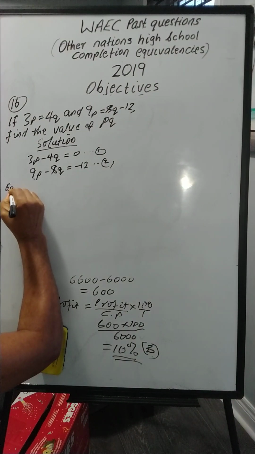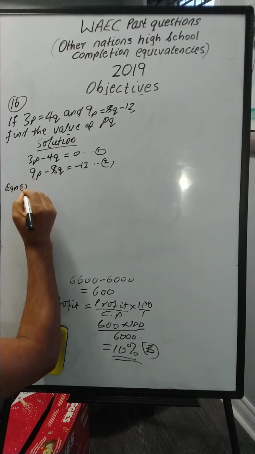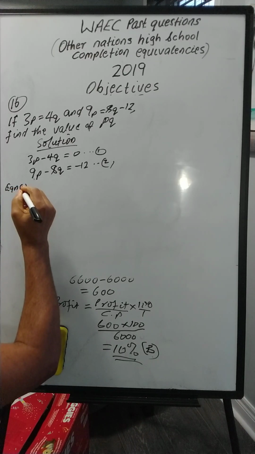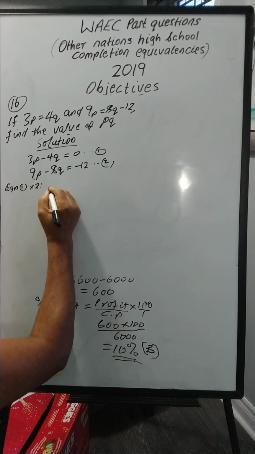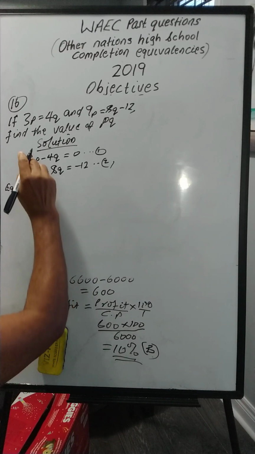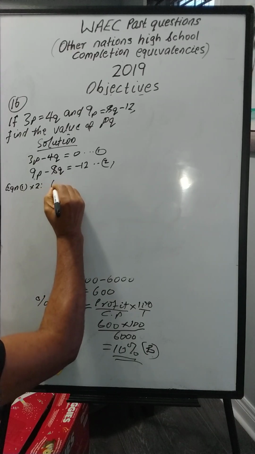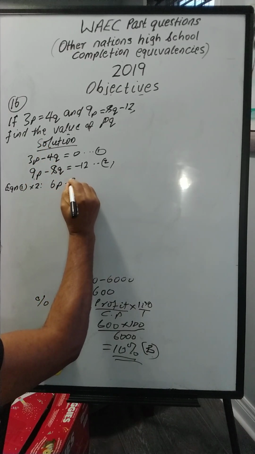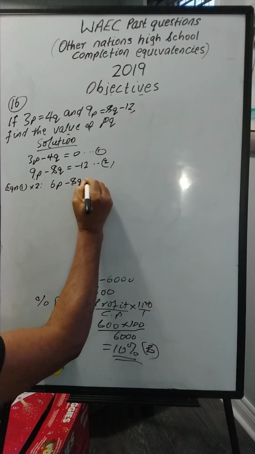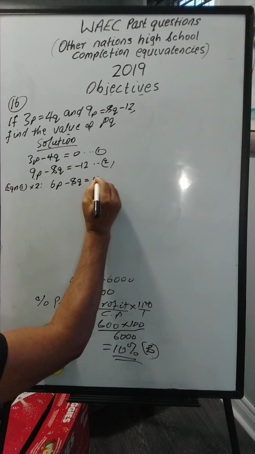Equation 1 times 2. That will give us 2 times 3P will give us 6P, 2 times 4Q will give us 8Q, and 2 times 0 will give us 0.